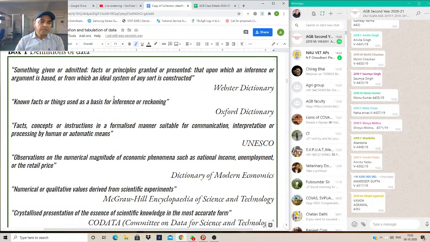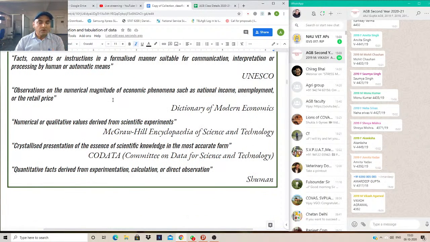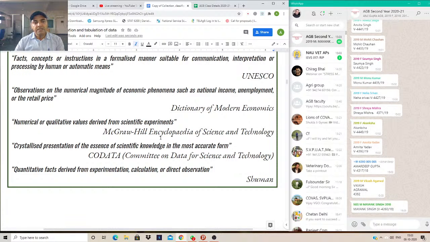Similarly, some other people also try to define data. What we extract from this box is that when it is applied to different areas, for scientific data, as per the Encyclopedia of Science and Technology, it is the numerical or qualitative values derived from scientific experiments.